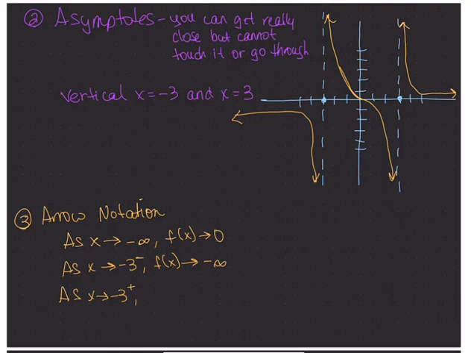We want to know where our y is going, so our y is our f of x. So as I get closer to this asymptote, what's happening to my y value? My y value is going up, and it's going to keep going up until it gets to positive infinity. You can either write the positive or just leave it as infinity.